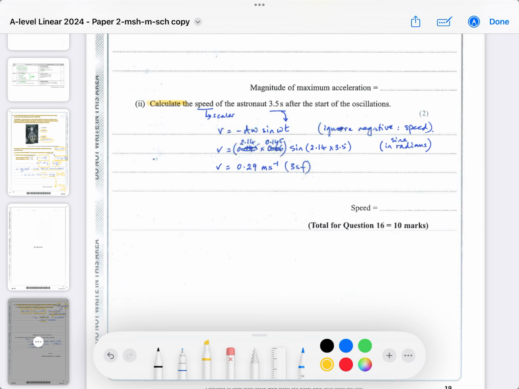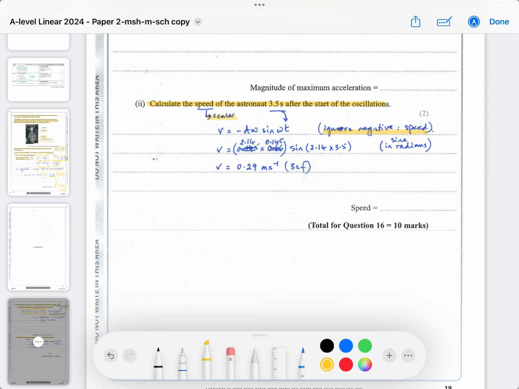Then it says calculate the speed of the astronaut 3.5 seconds after the start of the oscillation. Speed is a scalar, so we just need the size of the speed. So v equals A omega sine omega t, with a minus there. We can ignore the negative because they're asking for a speed, not a velocity.